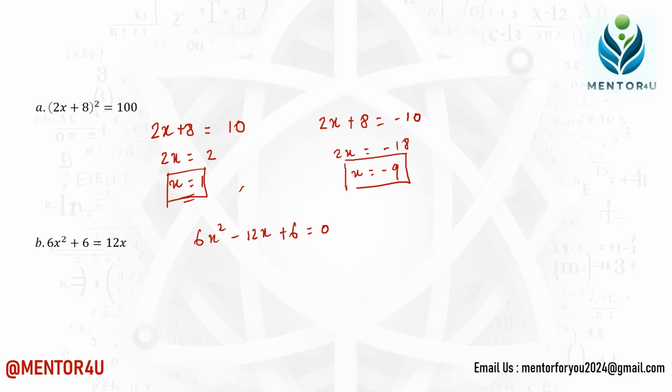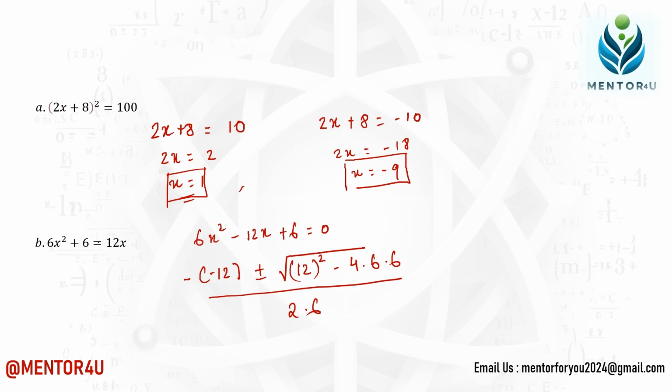Now we can solve them either by factorizing it or we can use the quadratic formula to do so. So here it will be minus of minus 12, plus minus root of b square, which will be 12 whole square, minus 4 multiplied by 6 multiplied by 6, divided by 2 multiplied by 6.